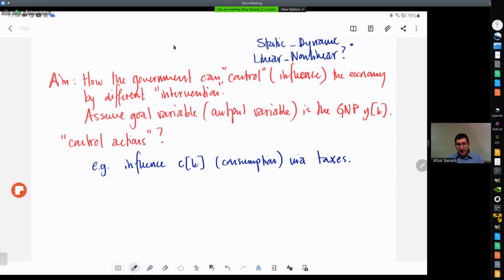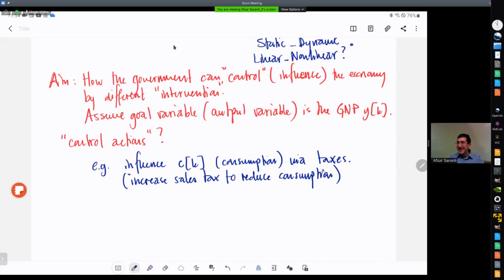For example, increase sales tax to reduce consumption. This is logical.